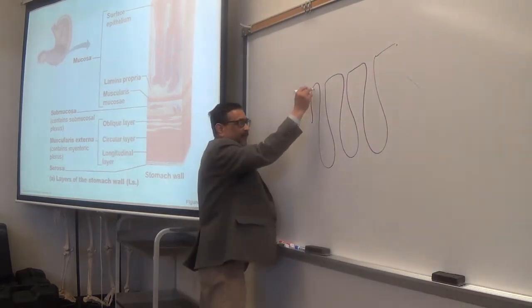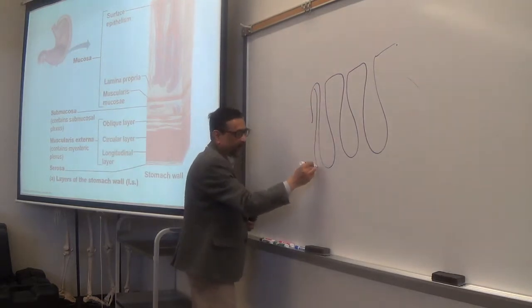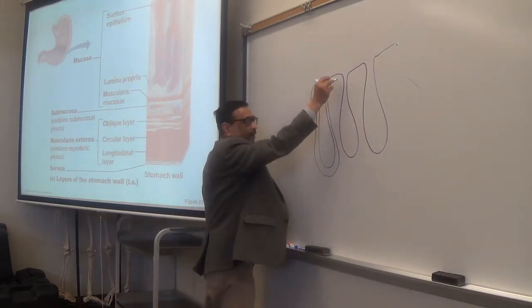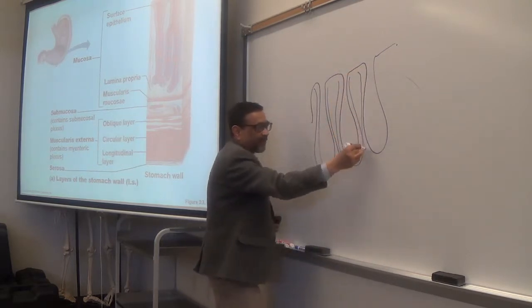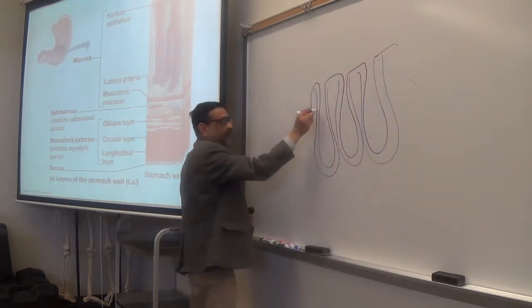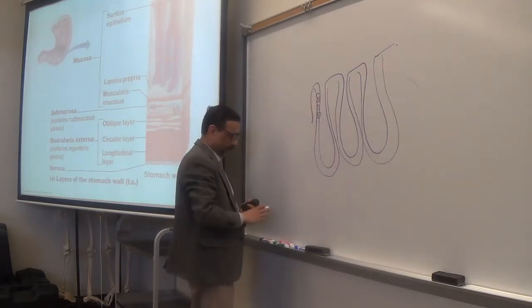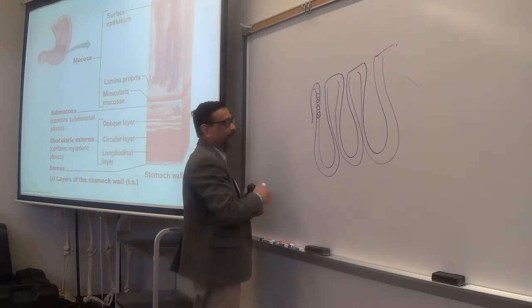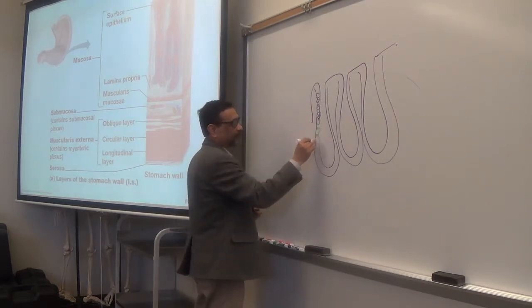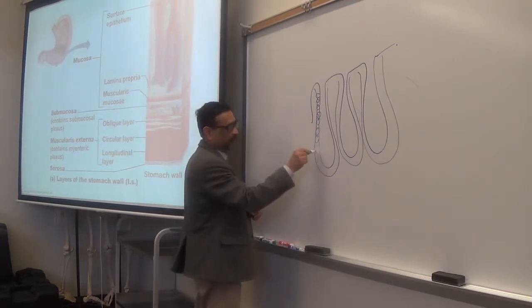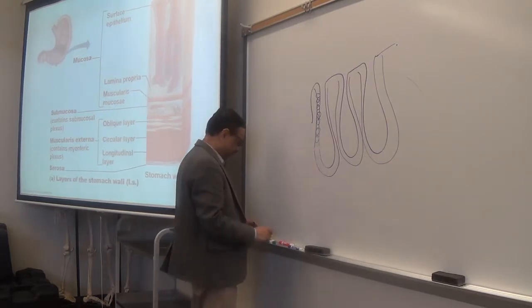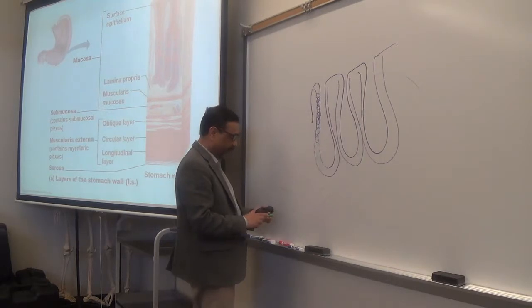And in the wall of these foldings, you have different types of cells like this. You have different types of cells, not one type.